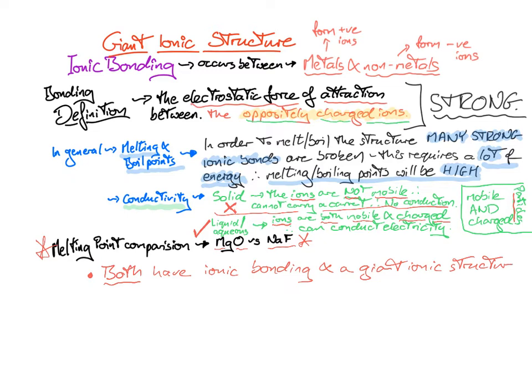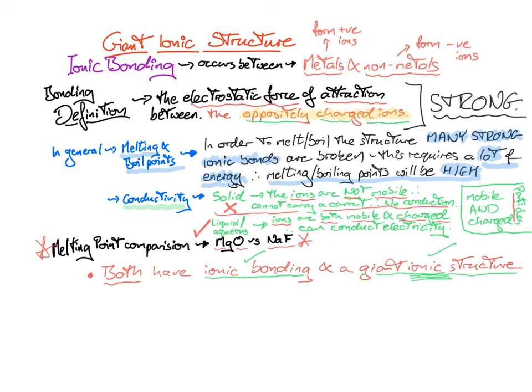In terms of exam technique, you must talk about both the bonding type, tick, and the structure type, tick. Just because the word ionic is in giant ionic structure doesn't mean you will get the credit for saying ionic bonding as well. Those are two separate things. They need to be written out separately.